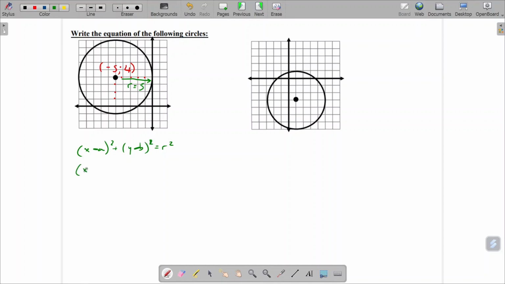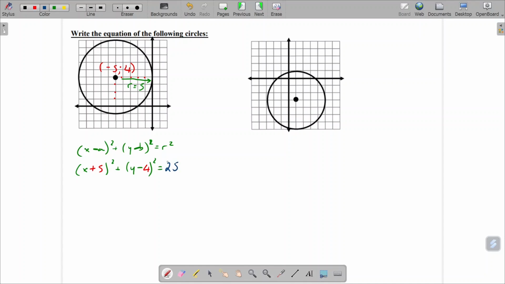We're going to have (x plus 5) squared plus (y minus 4) squared equals 25.